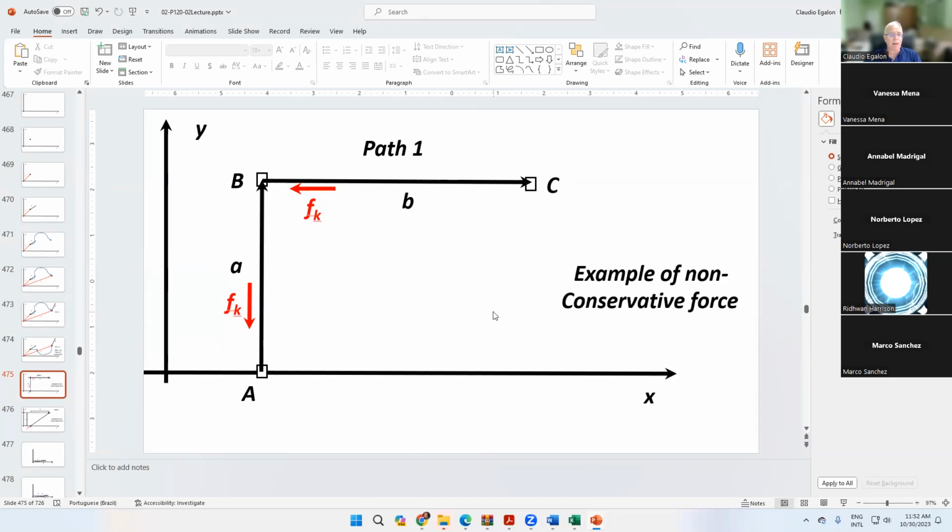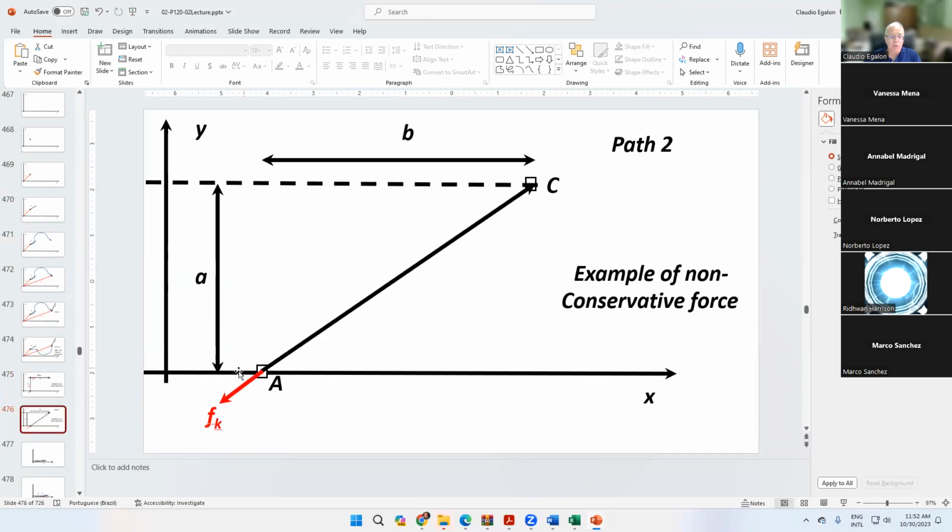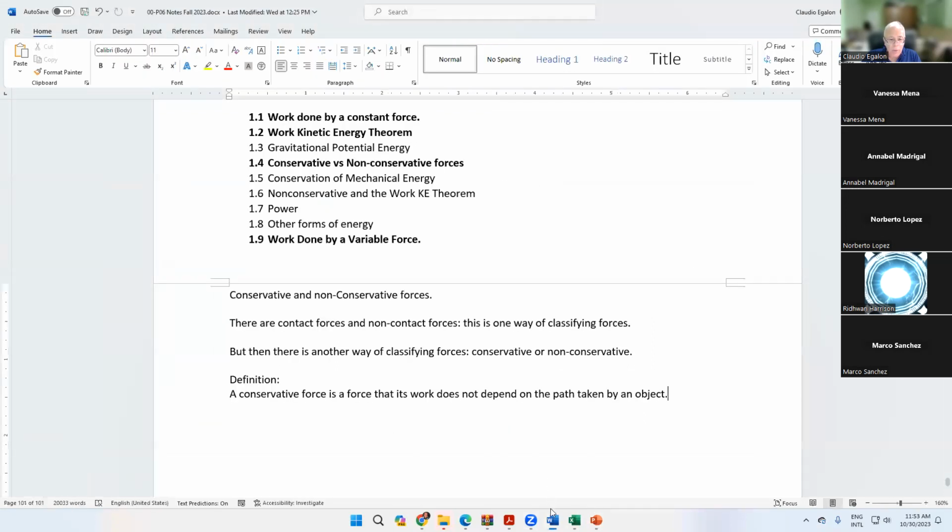Just by doing this simple example, you're going to see that the work done by the force of friction along this path is going to be different from the work done by the force of friction along this path. Okay? Let's do that. Example of non-conservative force.